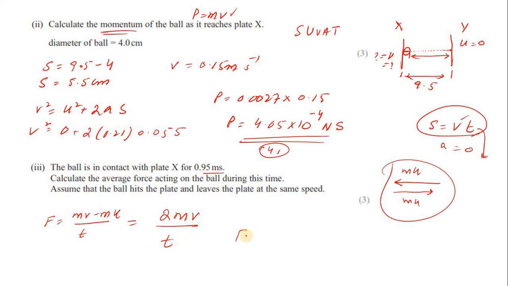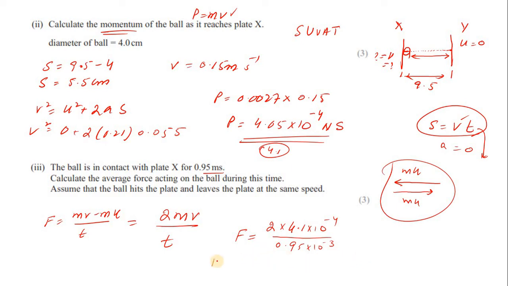So F is equal to twice mv. mv is the momentum. We don't need to put in mass and velocity because we have found the momentum. So 4.1 times 10 to the power minus 4, divided by the time, 0.95 millisecond, 10 to the power minus 3, and then you have the force acting.